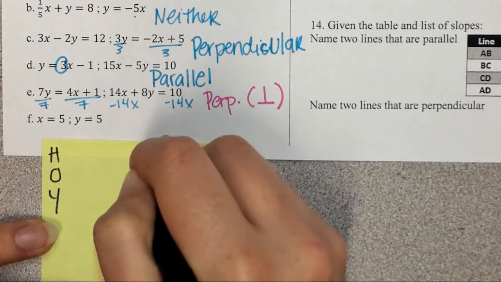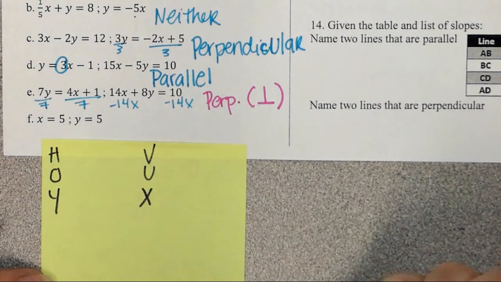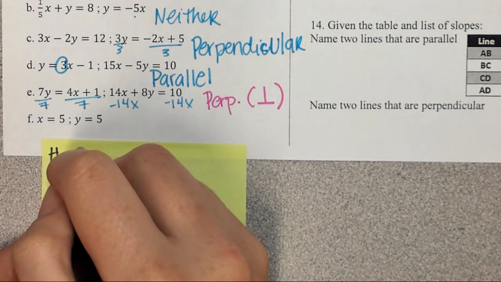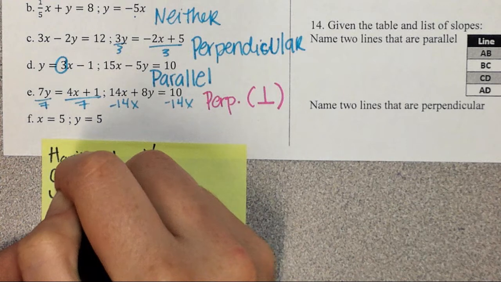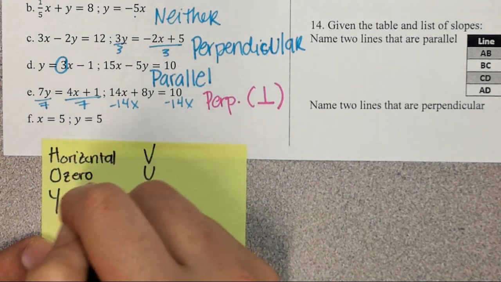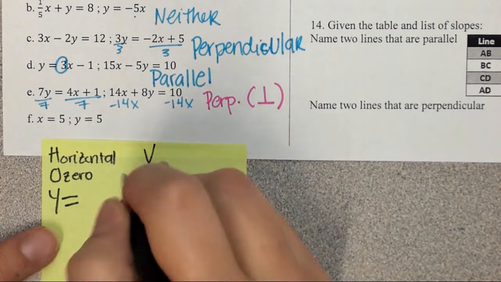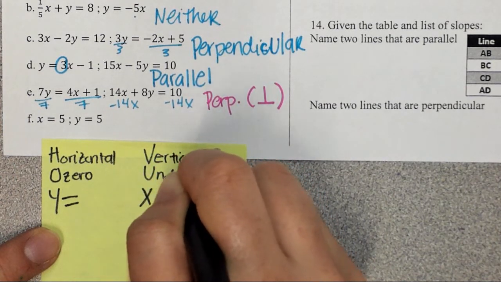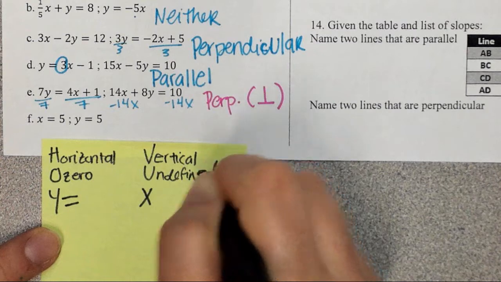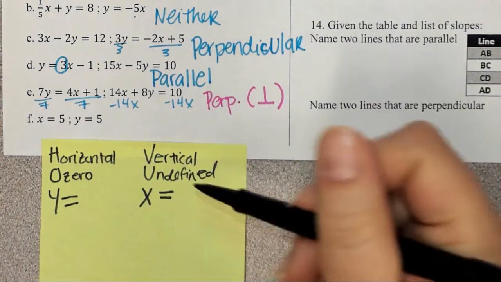So it's called Hoy-Vux. H stands for horizontal, O stands for 0, Y equals. Vux, vertical, undefined, X equals.